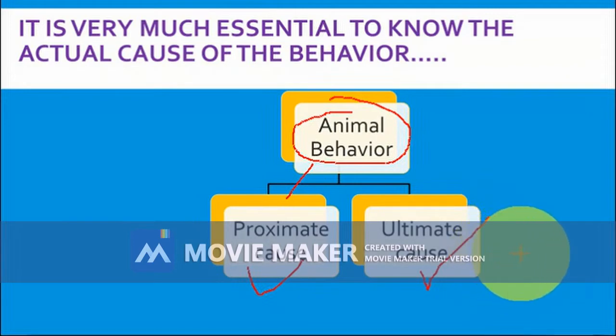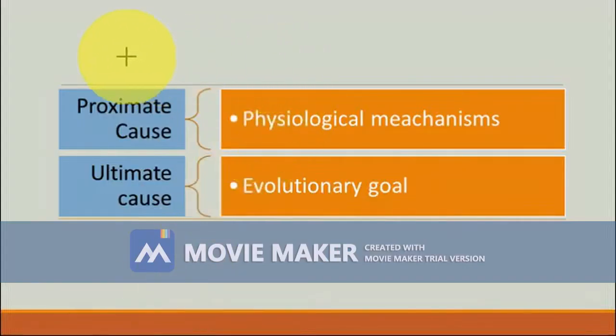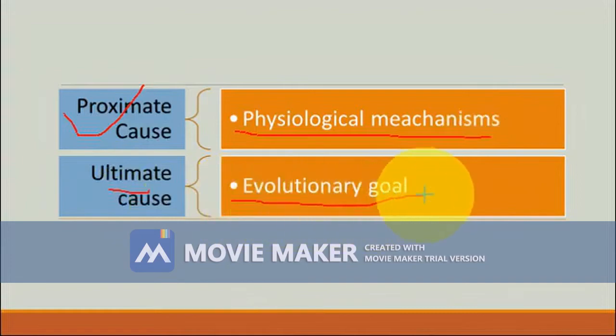Now we know that proximate cause means the instant or immediate cause, and ultimate means there is an evolutionary impact. Here I have summarized the causes. Proximate cause: physiological mechanisms. Definitely immediate causes are almost physiological mechanisms. And ultimate cause is an evolutionary goal.